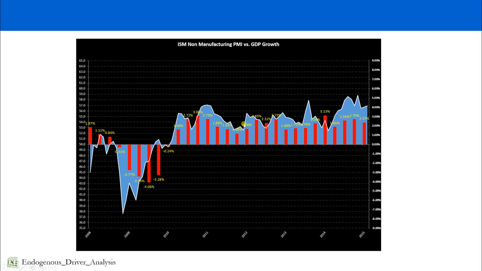And we can see here the current business cycle, where the NMI is above 50 and growing at a pretty constant rate, and so has GDP. Although there have been peaks in the data, we've generally remained above 50, and we've been around the 55, 56 level on average since we came out of the financial crisis.